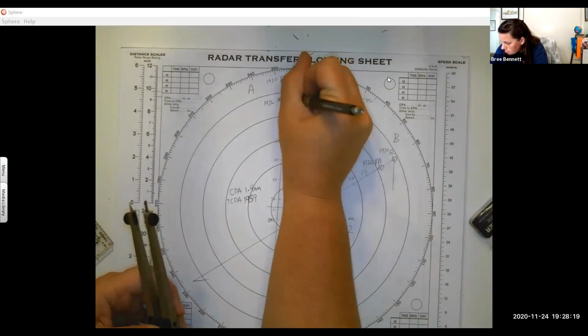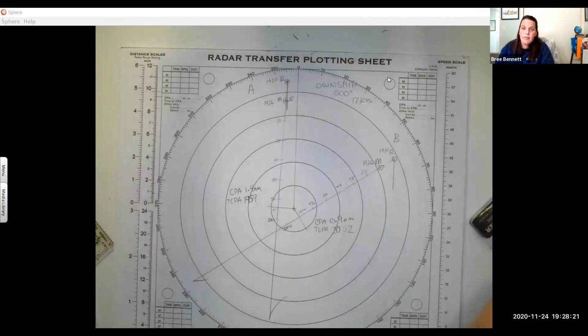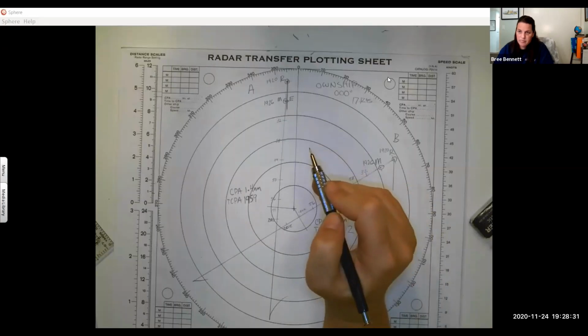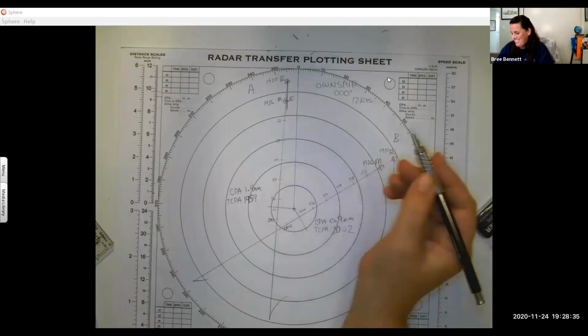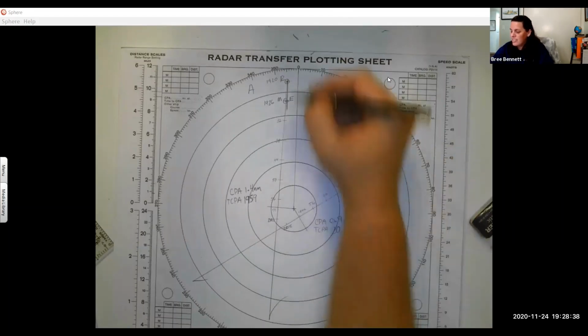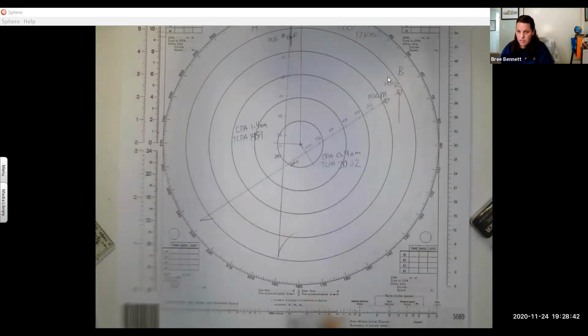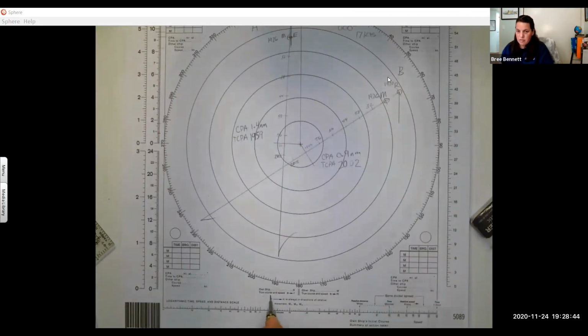So I'm going to say my E and my M are the same. Very, very close. What does that mean? So what is E to R? E to R is own ship.